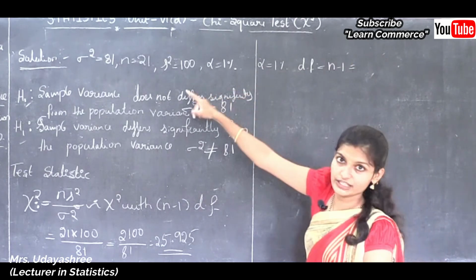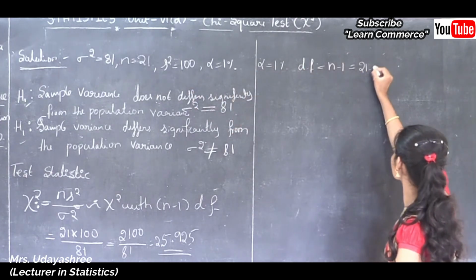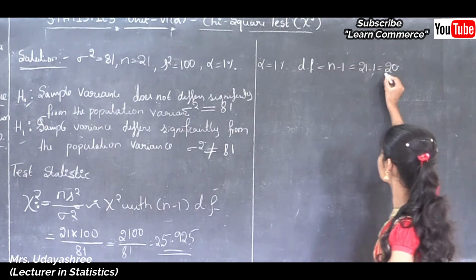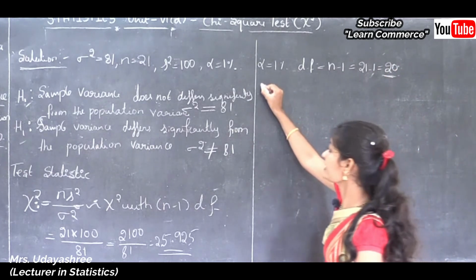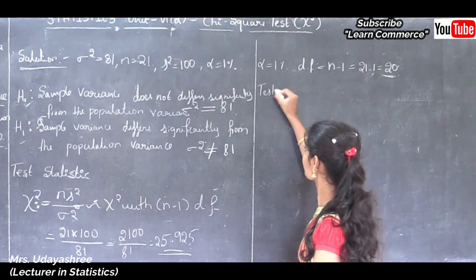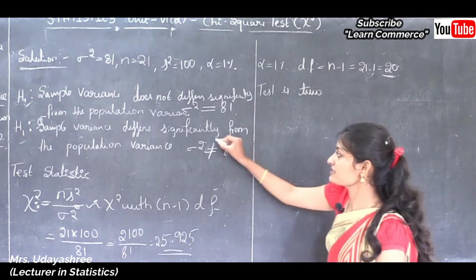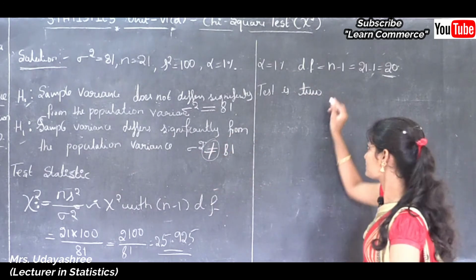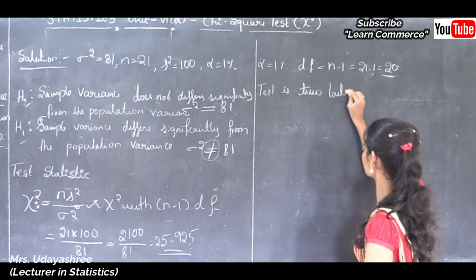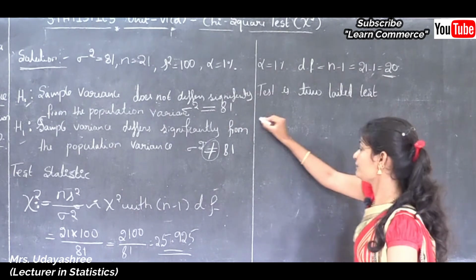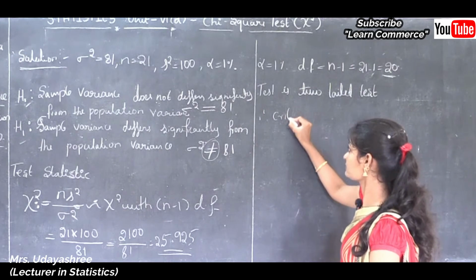Here n is 21, so 21 minus 1 is 20. So the degrees of freedom is 20. And this is a two-tailed test because it is of the not equal to type.